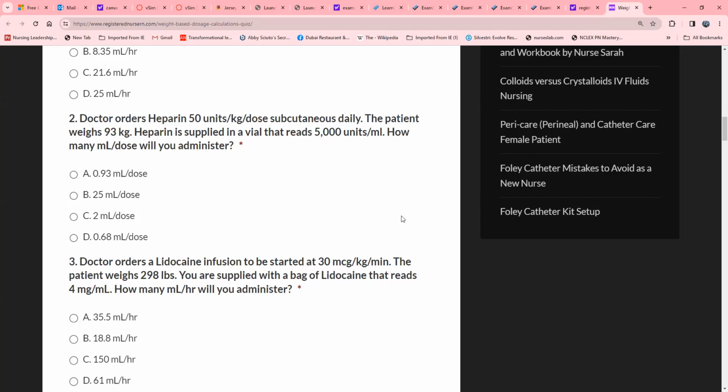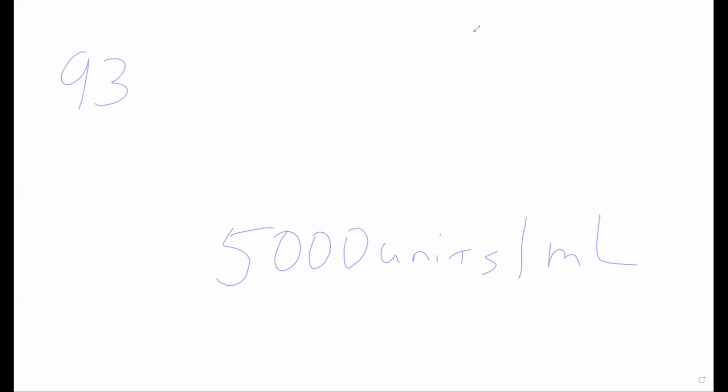So let's go to our whiteboard. Okay, on hand, we have 5,000 units per ml. Our patient weighs 93 kilograms.